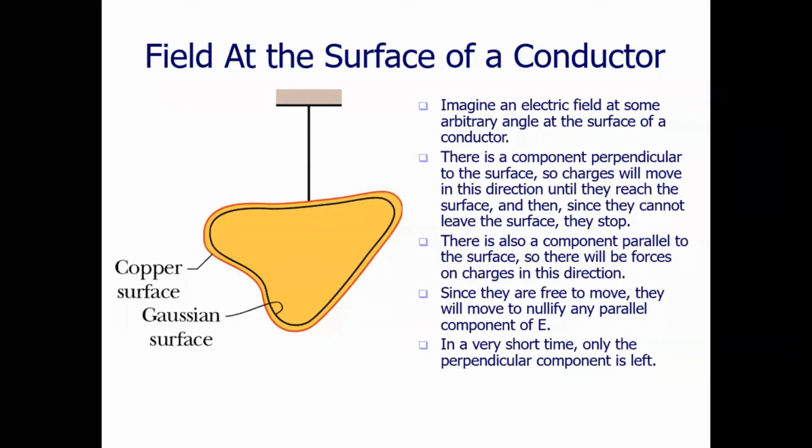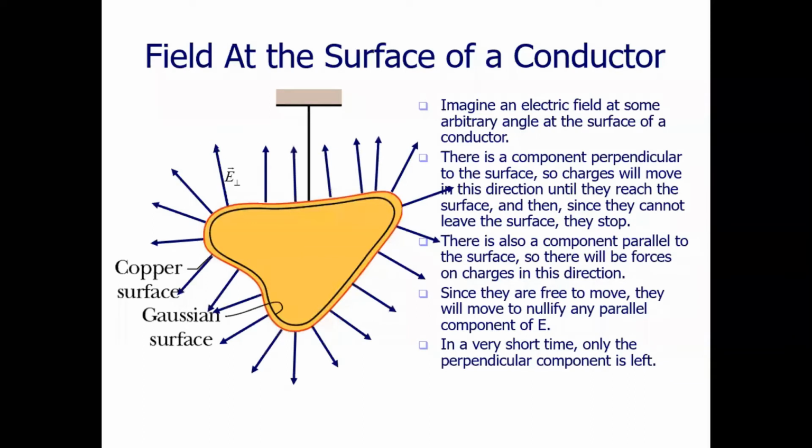So we were looking at how the electric field behaves in conductors last time. What we said was that if you have a conductor, the first thing is that the electric field at the surface is always perpendicular to the surface at that particular point.